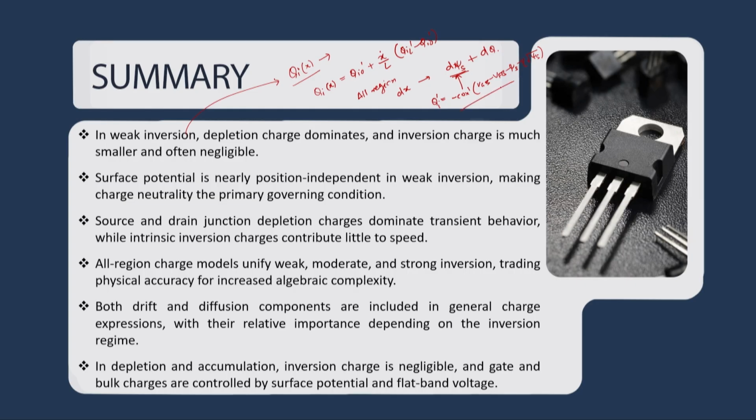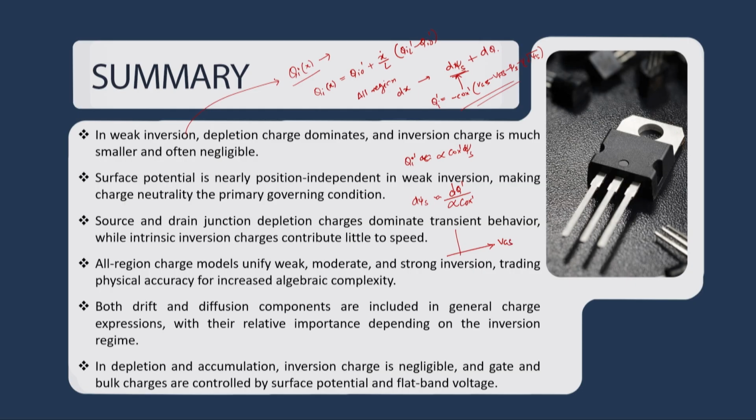To avoid this complexity, we said that we can go for a simplified all region model. In that, we just linearize the inversion charge as alpha into cox dash into psi s. So we change the variable of d psi s by dq dash over alpha into cox dash.